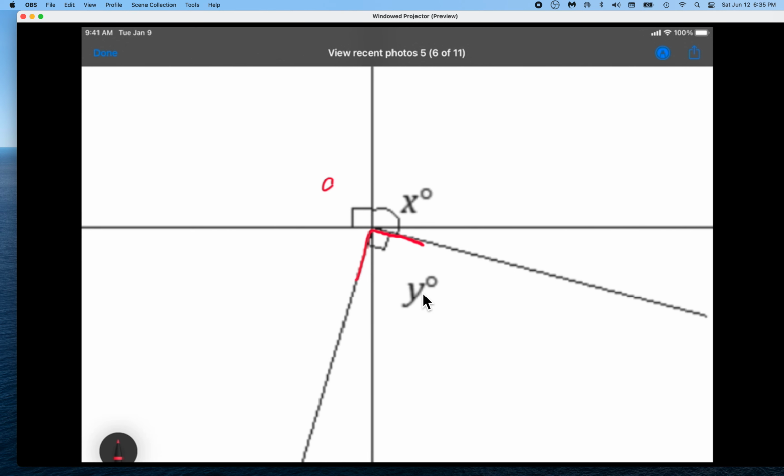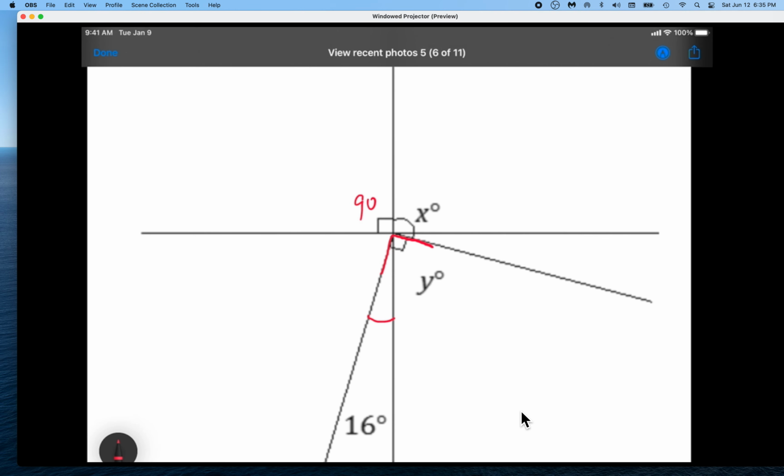We know that this is 90. We know that this is 16. If this is 16 and this is 90, then 16 plus y have to equal 90. Therefore, y equals 74 degrees.